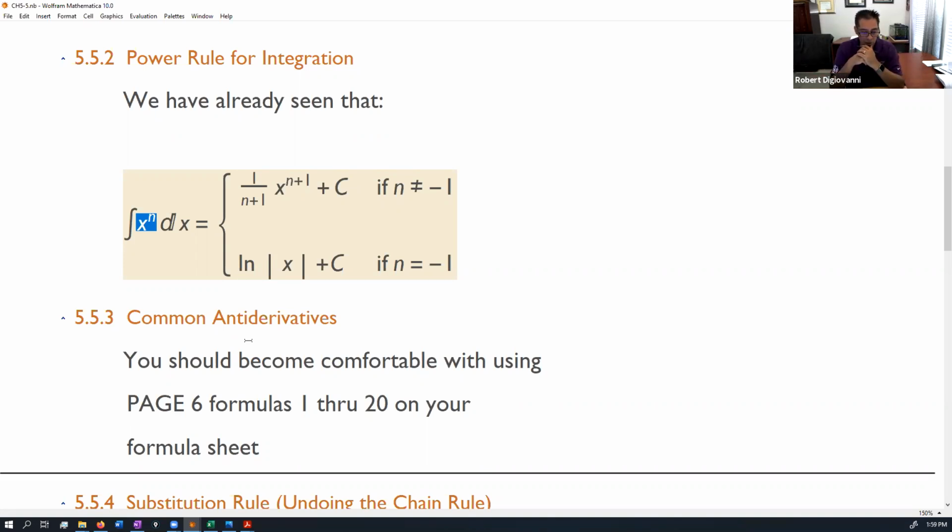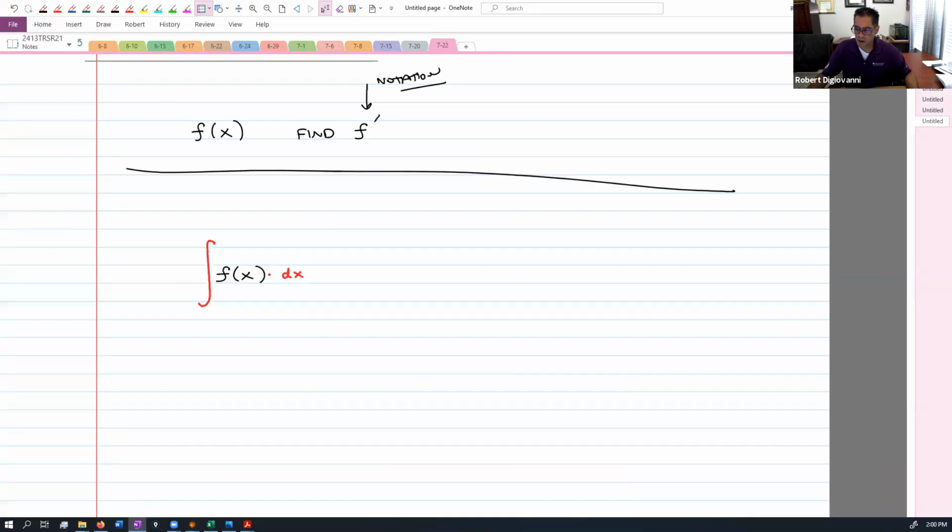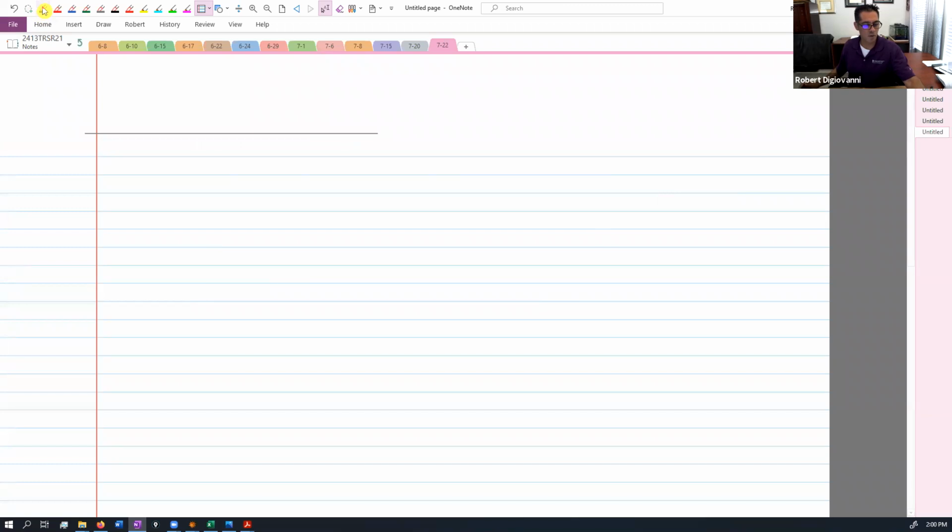So how do we handle more complicated functions where we're trying to find antiderivatives? So let's try. I'm going to give us a new example here. We are now officially starting to go down the Cal 2 road.